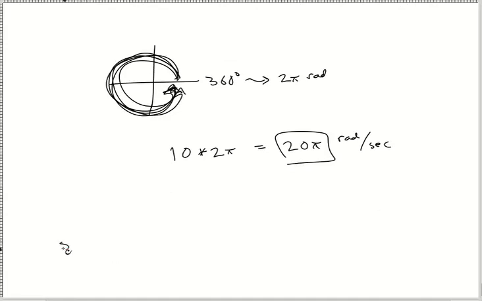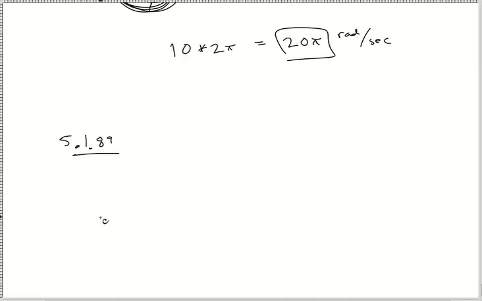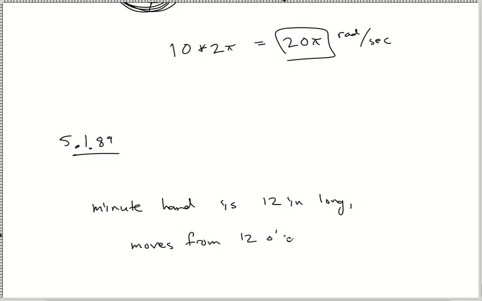Okay, last one. 5189. It says the minute hand on a clock is 12 inches long. It moves from the 12 o'clock to the 11 o'clock.